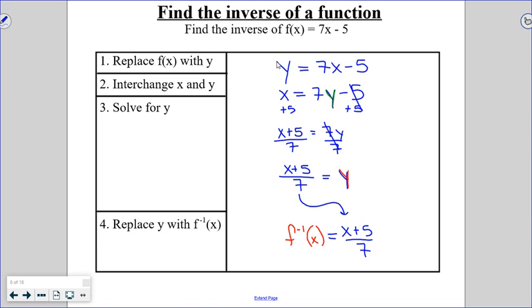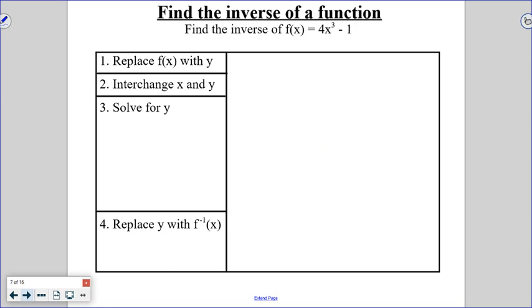All right, we're going to do this one a couple times just to see some of the other variations of equations that we could do to find our inverse. Next one, f of x equals 4x cubed minus 1. Step number 1, rewrite the equation, but write it as y equals instead of f of x equals.